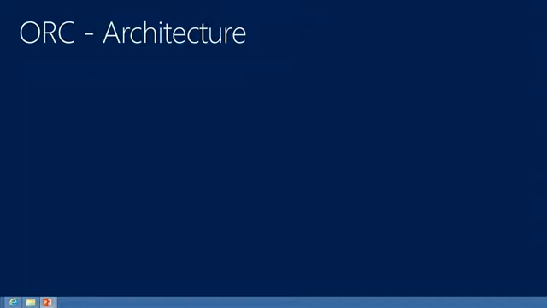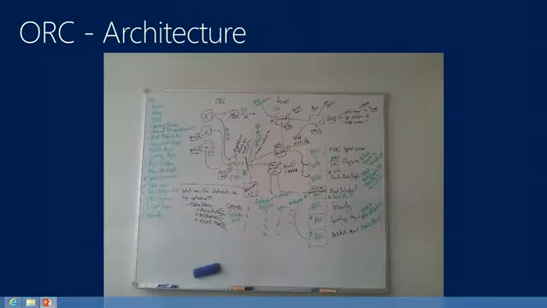But basically, when we started the ORC project, this is what I did. Like all good architects, you get up on the whiteboard, you draw some pretty pictures, you think it's going to be really cool and it's going to be really easy to do, and then you give it over to people who actually do the work. And it really wasn't that easy. Despite my drawings, I thought it was just draw some boxes, join them up, it'd be easy, okay?